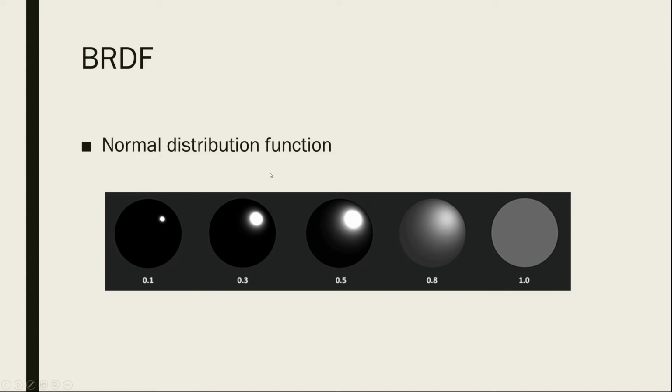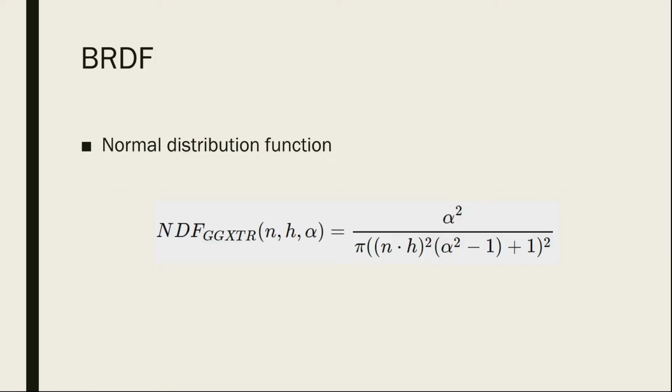When the roughness is high, they are randomly scattered. There are more microfacets that align with the halfway vector but not concentrated. And here is the normal distribution function equation, which I'm not going to go into detail.